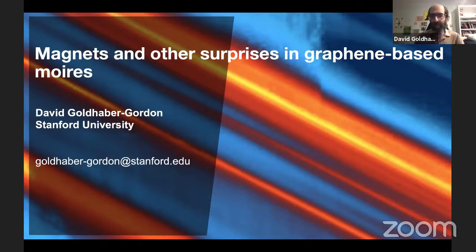Great. So for those of you who were here yesterday, I talked about how, when my group attempted to reproduce superconductivity in twisted bilayer graphene, the first time that we tried it, we didn't see superconductivity and saw something different that I think ultimately was maybe even more interesting: the first orbital magnet at or near zero magnetic field.